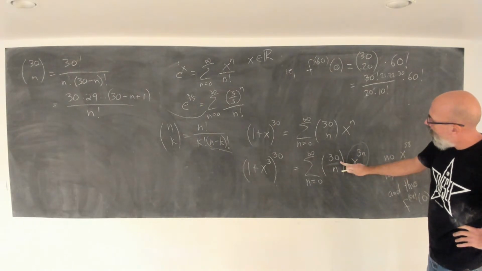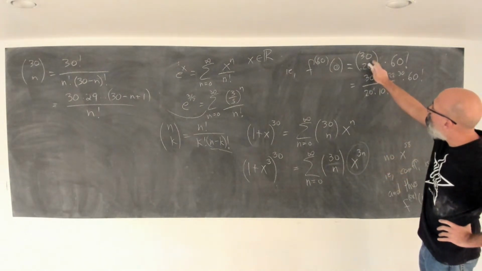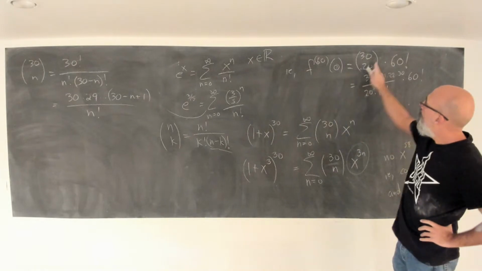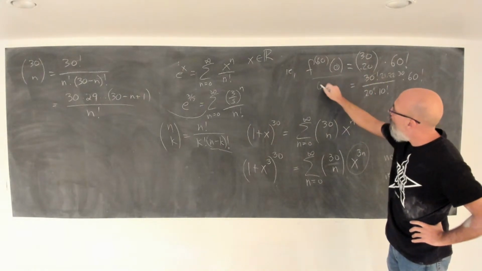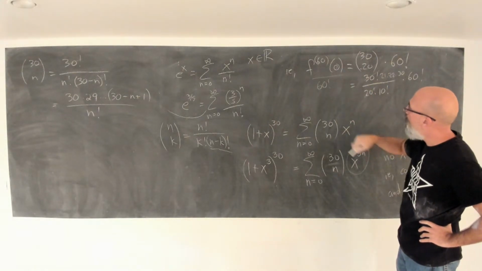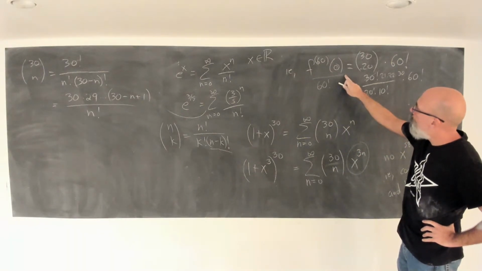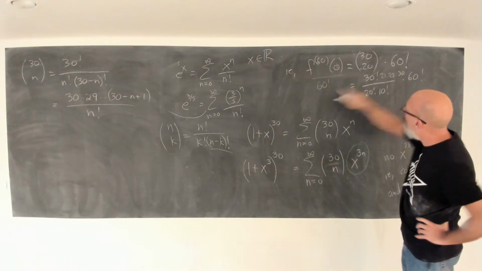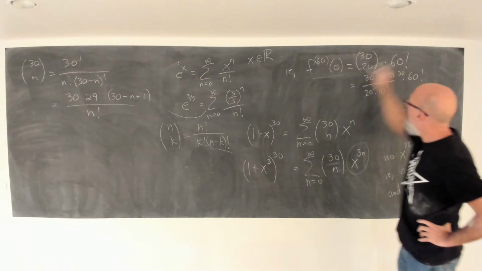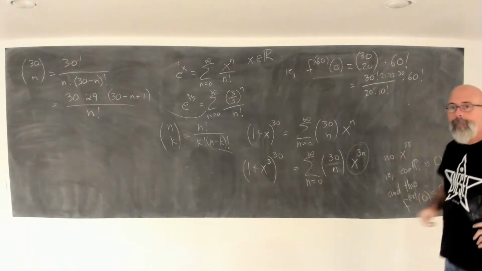The coefficient is 30 choose 20. And the coefficient of the regular Maclaurin series corresponding to the coefficient of x to the 60 is this. So bring this to the other side. That is your answer.